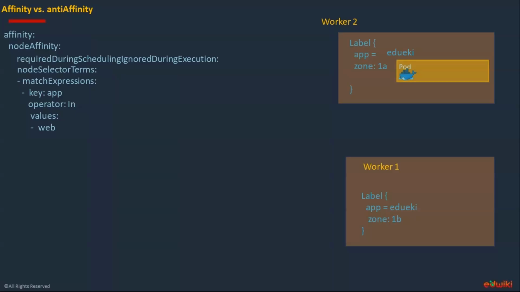That is what is called ignored during execution. So once it is deployed, later if you make any changes to the labels, though it is not matching, don't worry, let it continue to run. Now your pod will continue to run in worker node 2 only, though the labels are not matching, because you made the change later, not before the deployment.